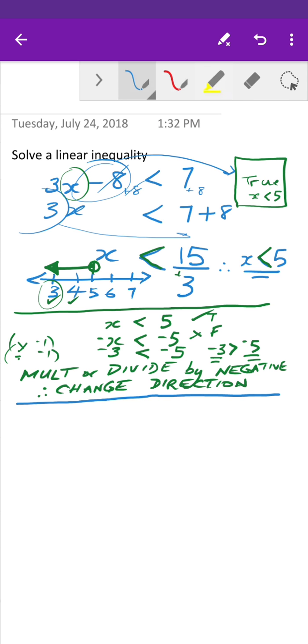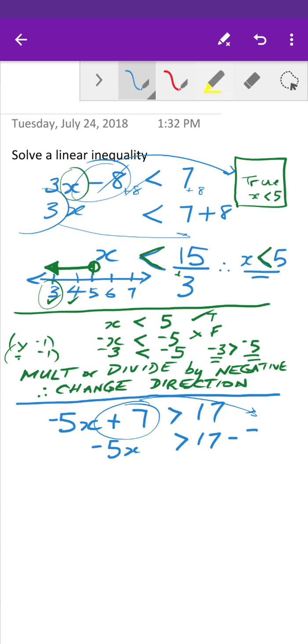Let's have a look at the inequality, say negative 5x plus 7 is greater than, say, 17, an easy one. Alright, so take this plus 7 across to be a minus 7. So we've still got negative 5x here, and now we've got 17 minus 7.